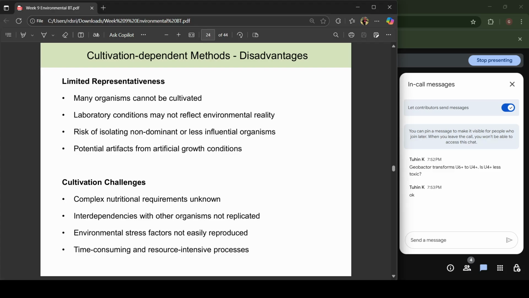We will not be able to study the interspecies or intermicrobial interactions, how one microorganism interacts with another, whether it is syntrophic, competitive, or parasitic. We will not be able to study any of the interdependencies within the microbial population. And in cultivation dependent methods, we will not be able to have a laboratory setup that exactly replicates a natural environment. And the most important disadvantage is the cost and time consumption.